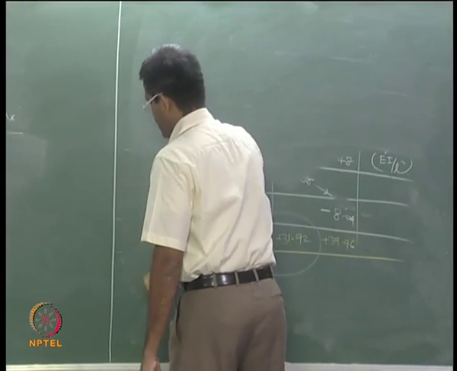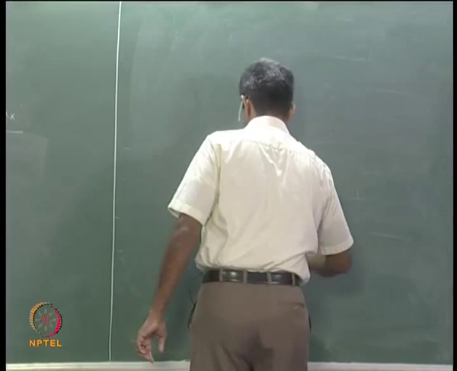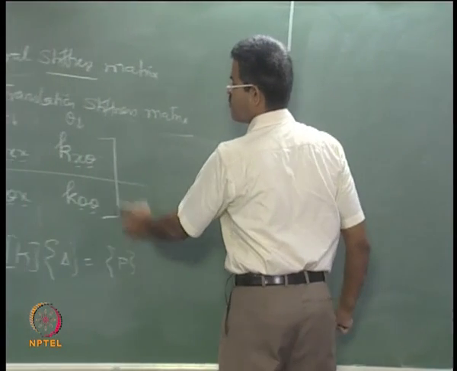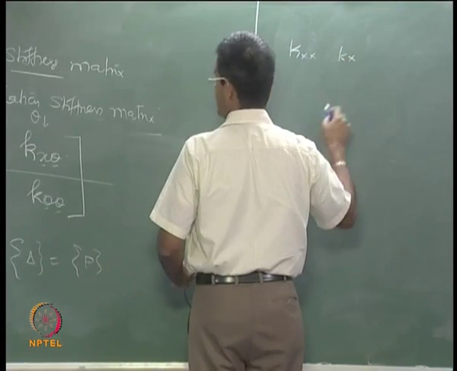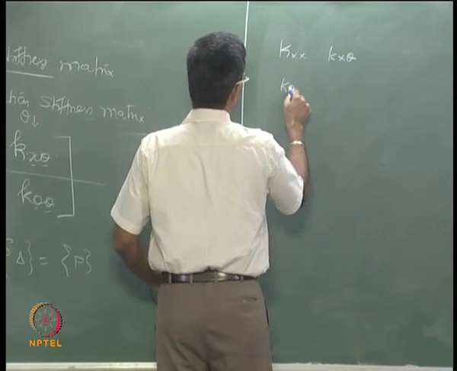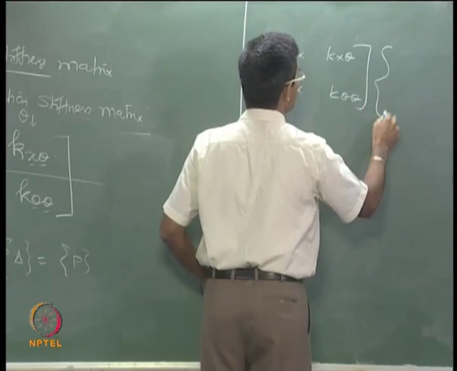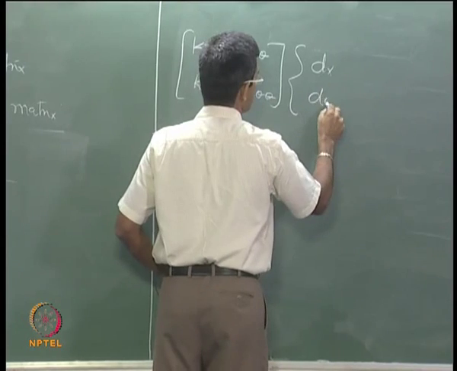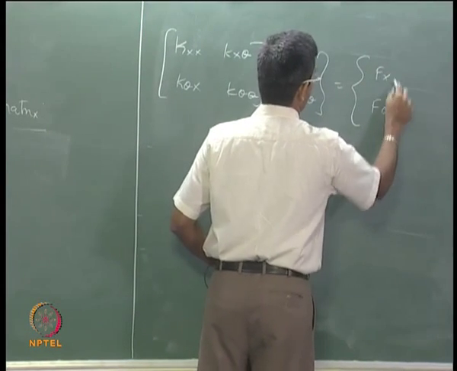Whatever may be the displacement, it may be rotational, it may be translational. So I will extend this equation for my problem. I should say kxx, kx theta, k theta x, k theta theta of displacement x and displacement theta should give me force x and force theta.